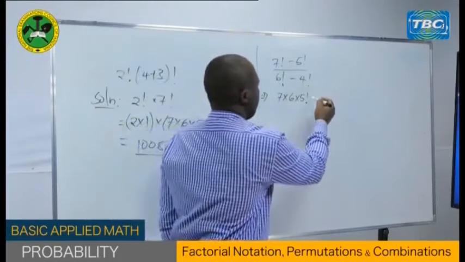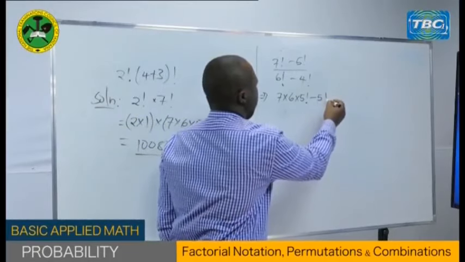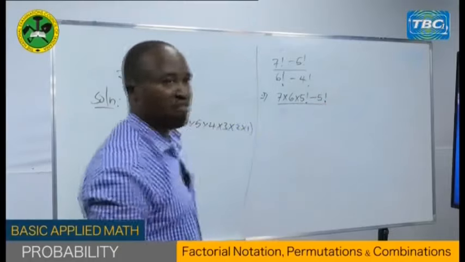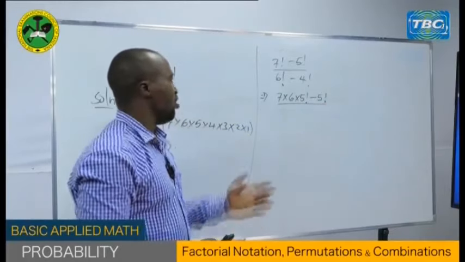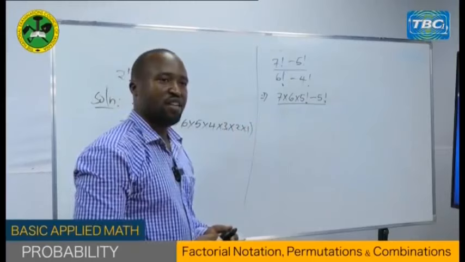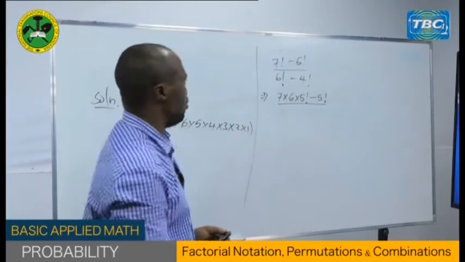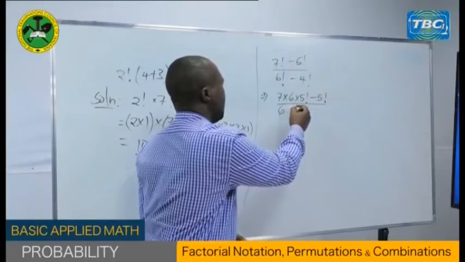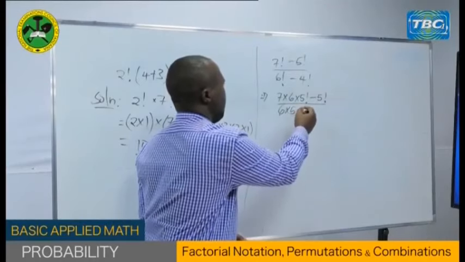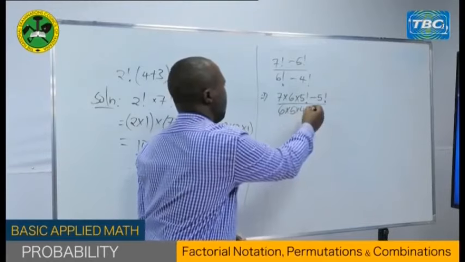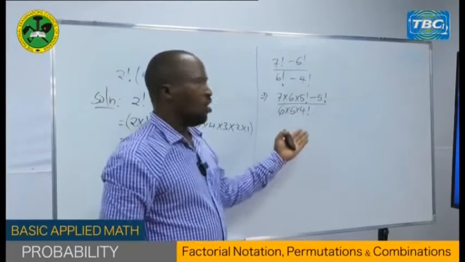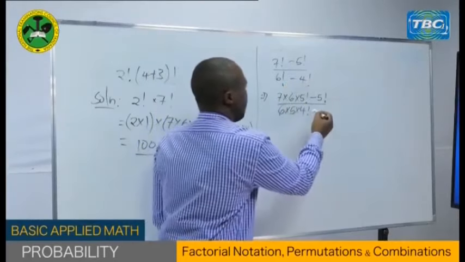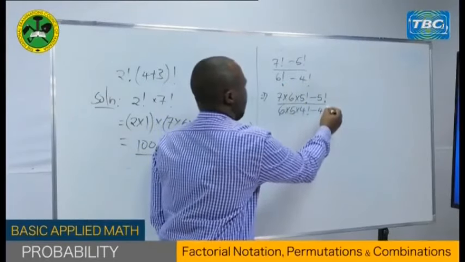So here we just say minus 5 factorial over, for the denominator side, we have 6 factorial minus 4 factorial. We start with 6 factorial, which is 6 times 5 times 4 factorial. Why 4 factorial? Because the last number is 4 factorial. So here you minus 4 factorial.